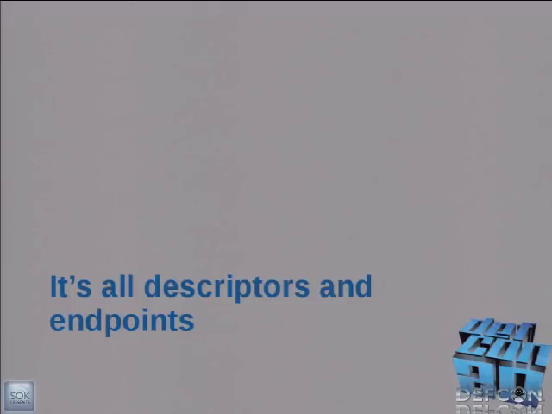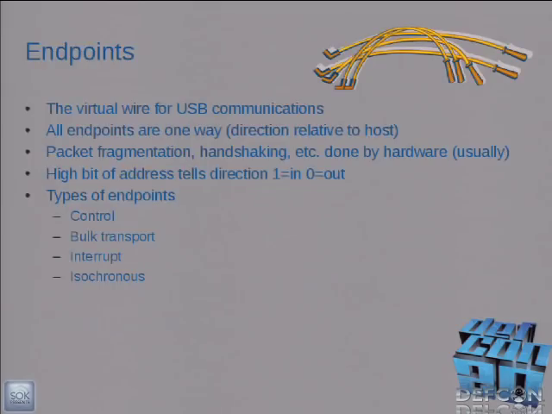So it all comes down to descriptors and endpoints. An endpoint is really a virtual wire, or a pipe, if you will. It's a unidirectional virtual pipe. Right? And by the way, the endpoints have a direction, and the direction is measured relative to the host.